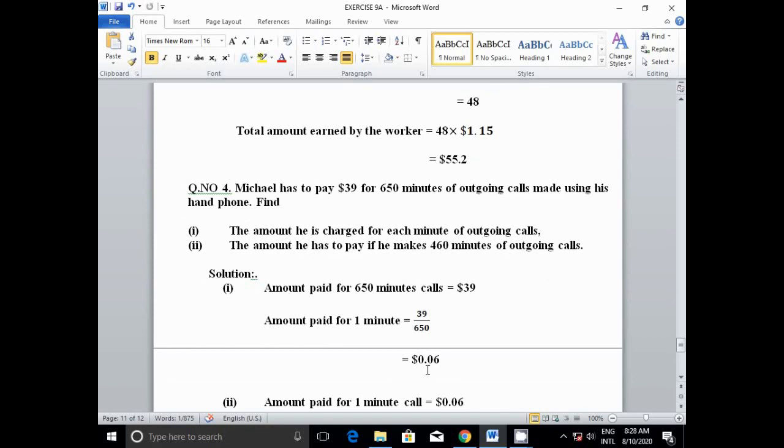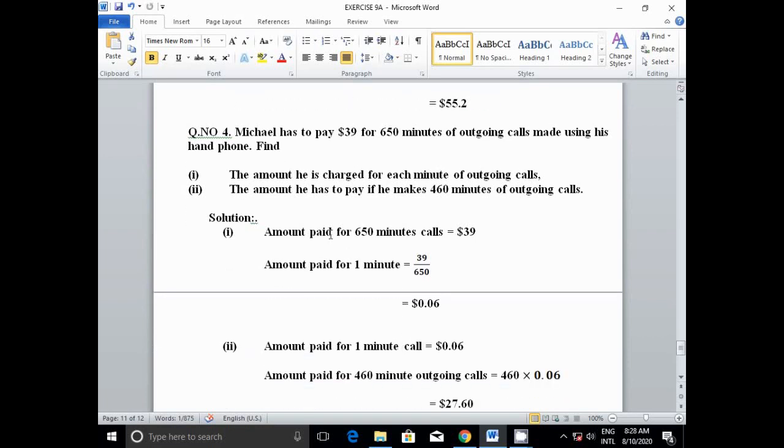Now let's solve the second part of the question, the amount he has to pay if he makes 460 minutes of outgoing calls. Now it's easy to find since we know that the amount paid for a 1 minute call is $0.06. If we multiply this $0.06 by 460, we can find the amount he has to pay for 460 minutes of outgoing calls.